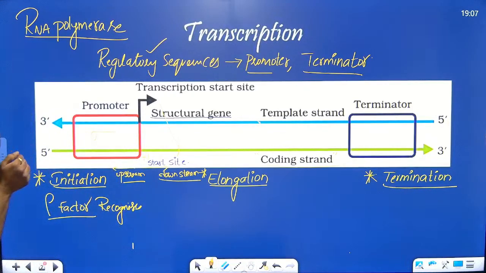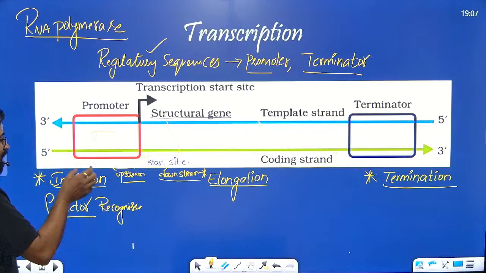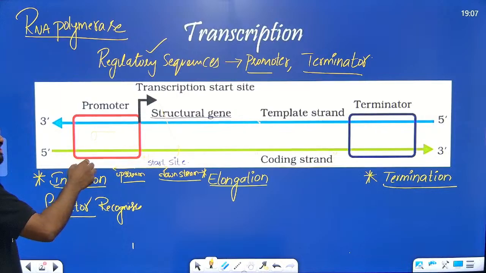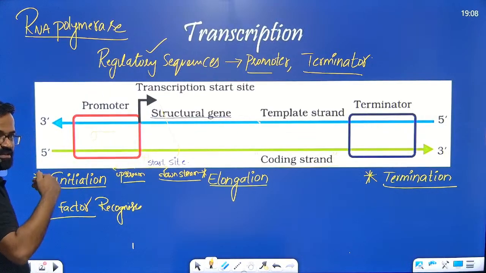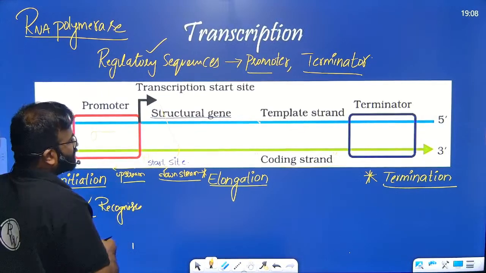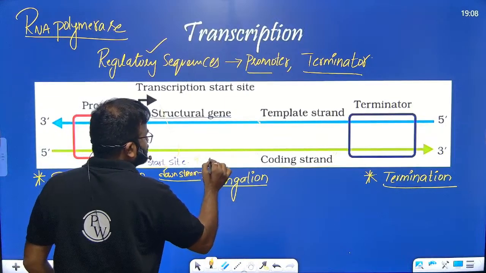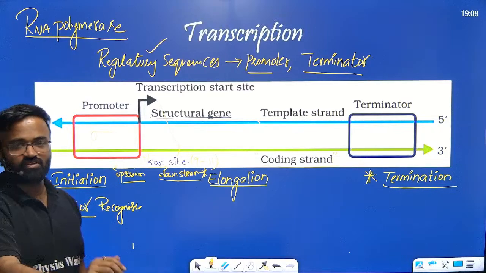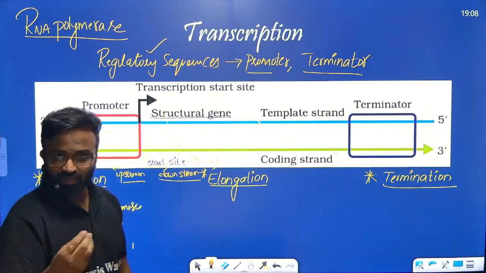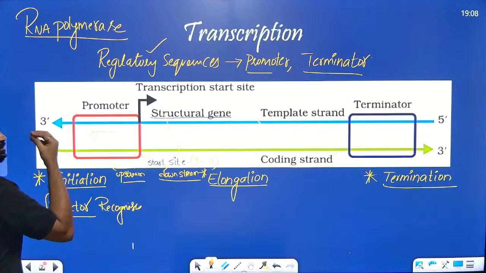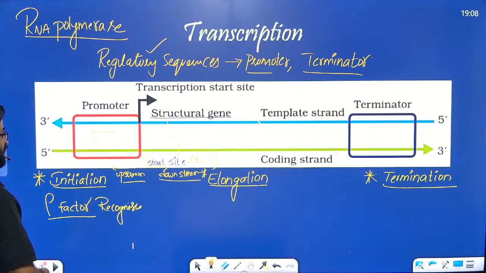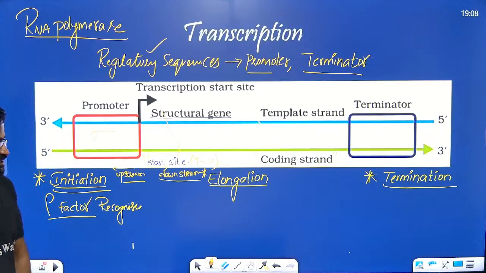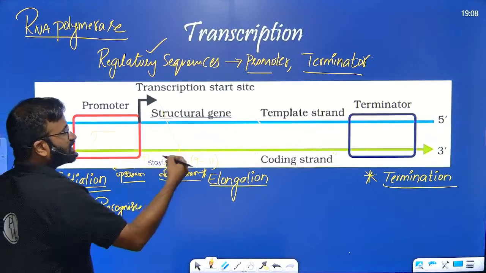It is the sigma factor of the RNA polymerase that comes and binds to the promoter region and then calls the remaining subunits, adds roughly about 9 to 11 nucleotides and leaves the initiation site of the transcription. Clear? So the main function of the sigma subunit is to initiate the process of transcription.